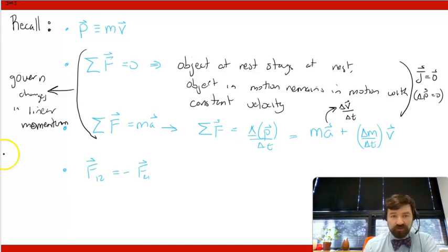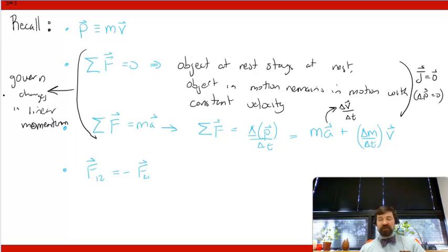So now we should consider this third law a little bit more. The first two are basically telling us that forces change linear momentum. If there's an unbalanced force acting on an object in a system, then that object's linear momentum will change, and if there is no such unbalanced force, then the object's linear momentum does not change.